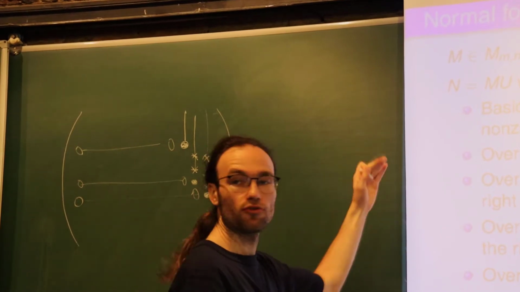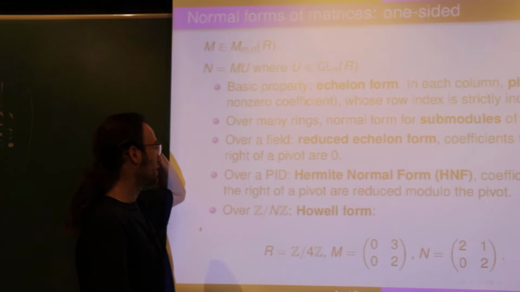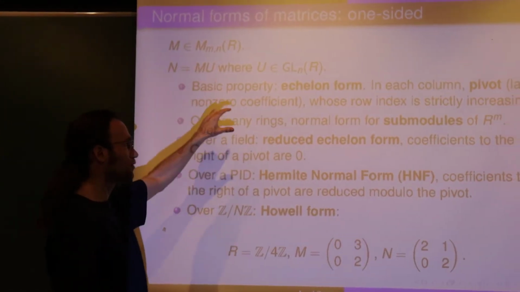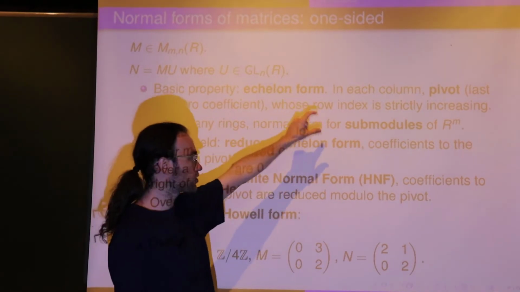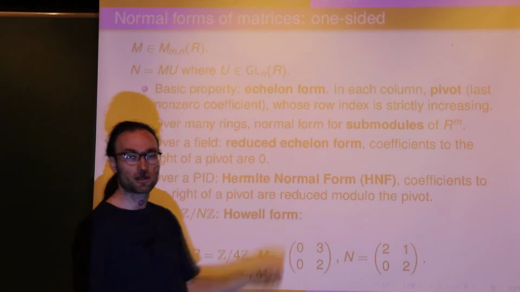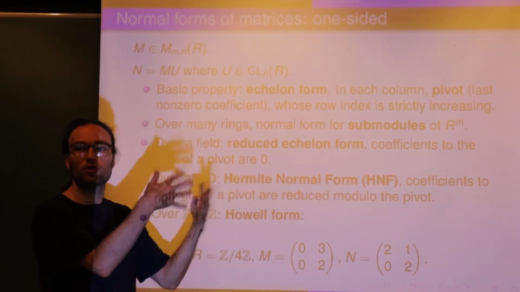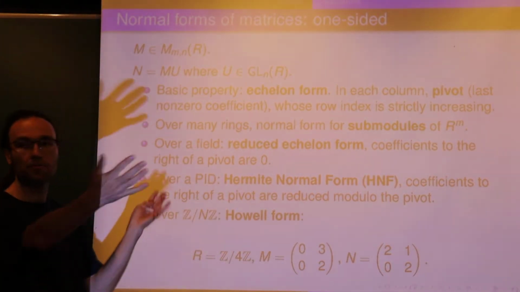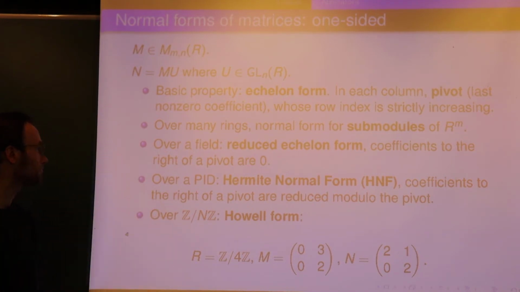Then depending on the ring, you want to add some conditions. Over many rings, these normal forms can be used to have a normal form for submodules of R^M, like a generating matrix that only depends on the module. So you can compare submodules just by comparing the matrices in normal form.